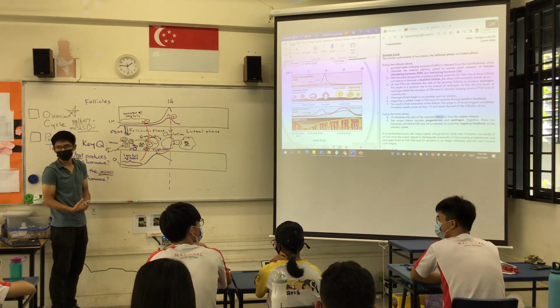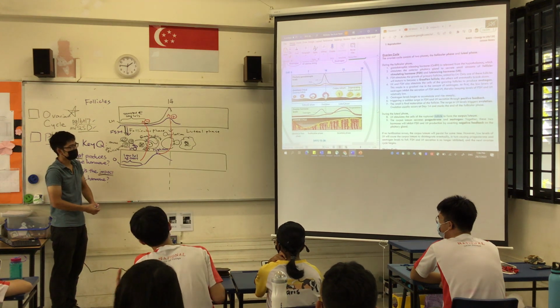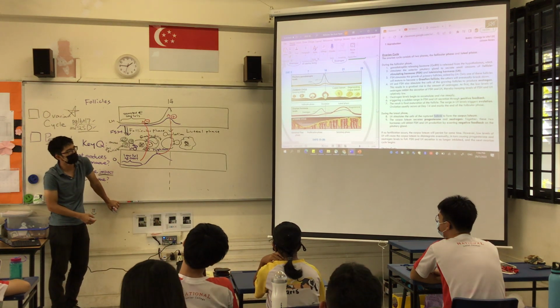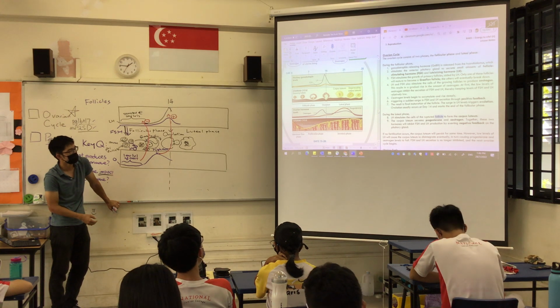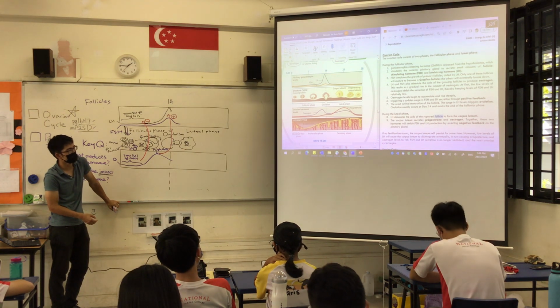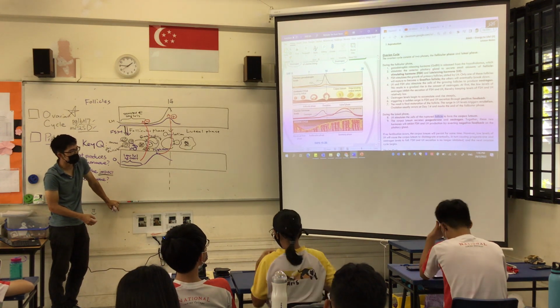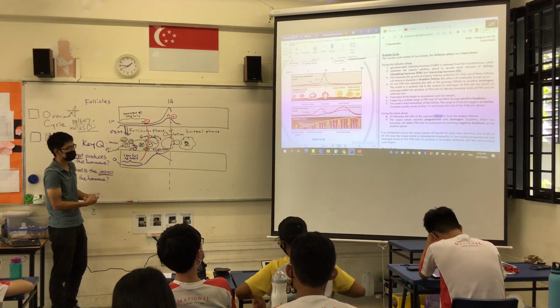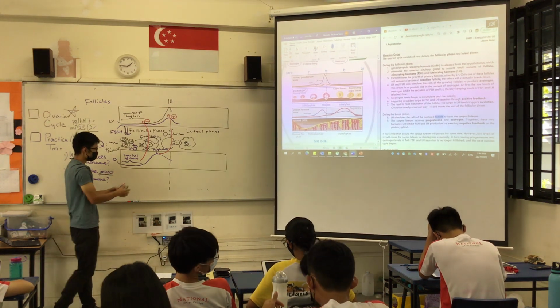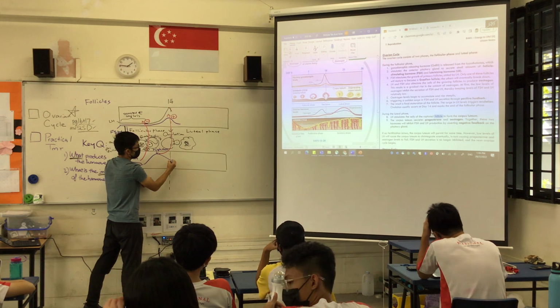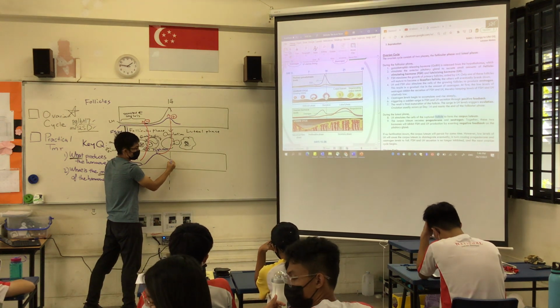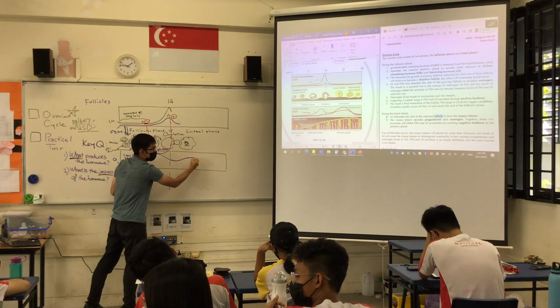Last point for the ovarian cycle. The corpus luteum secretes progesterone and estrogen. Together, these two hormones will inhibit FSH and LH by negative feedback. So you look at the graph for estrogen, you see that there's a slight rise.